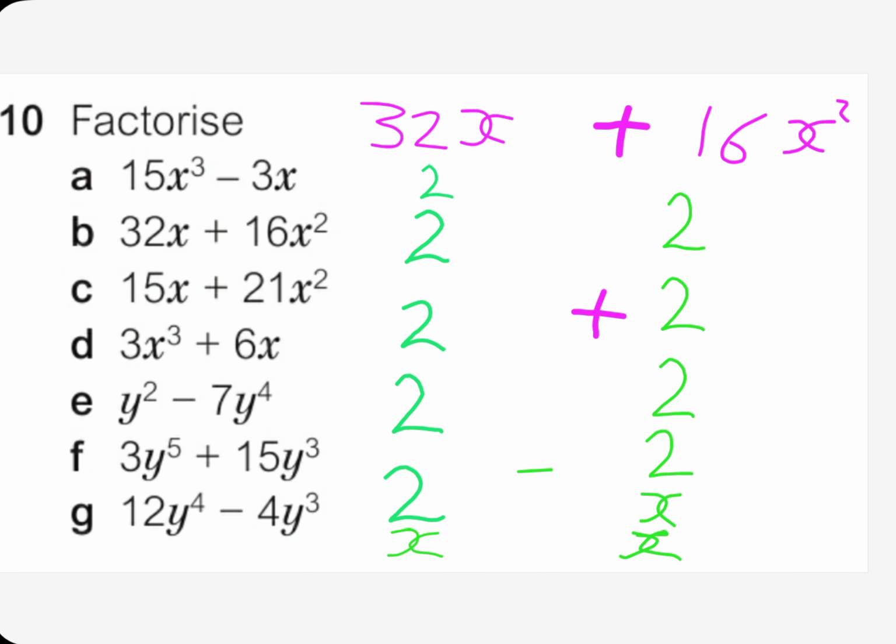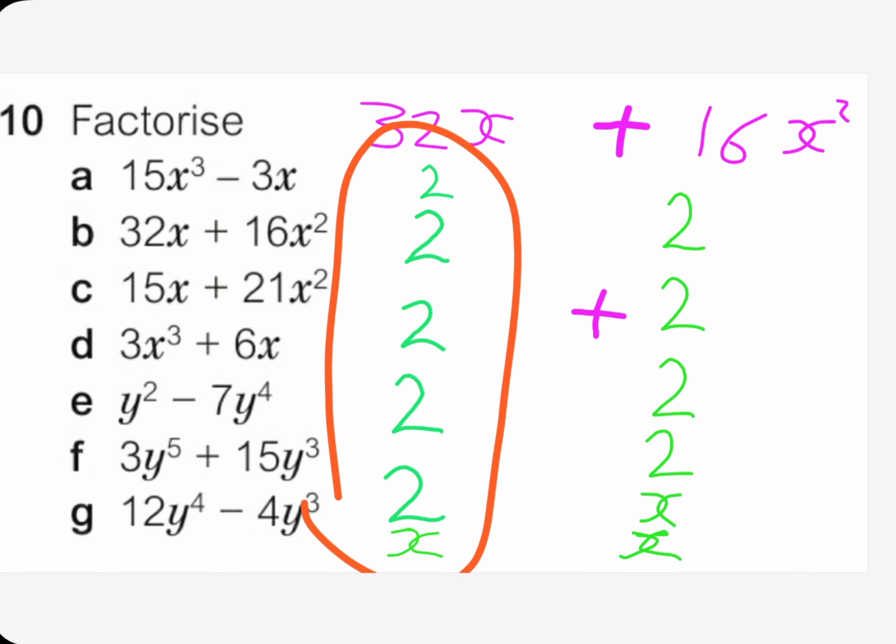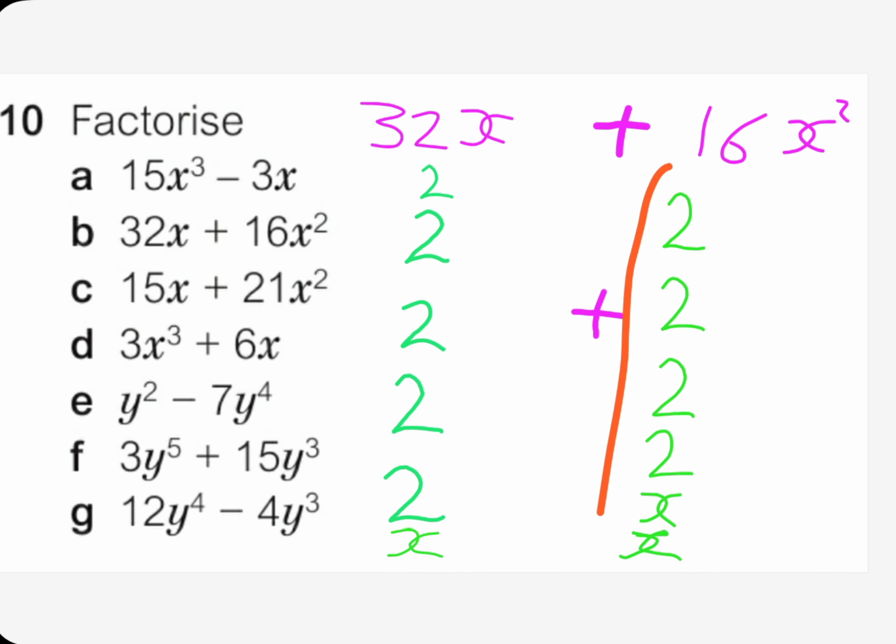Very good. We can make it like that. And to make it simple, we might use 16 only. We can say that 32 is 16 times 2, and we stop. We don't have to open all the numbers if we get a number like the other number. Now, we have five 2's and x on this side, and we have four 2's and 2 x's on this side. Now, let's write the answer together.